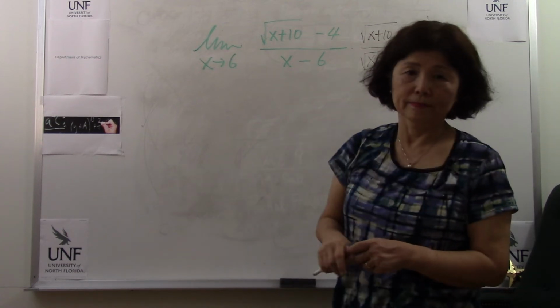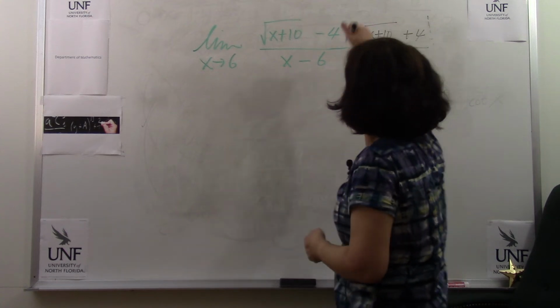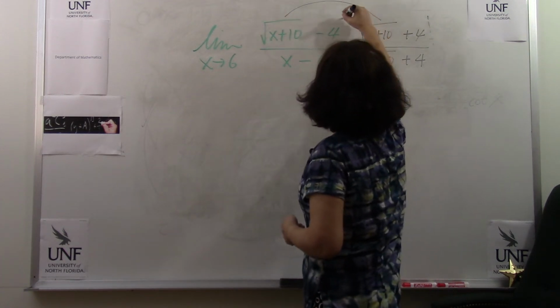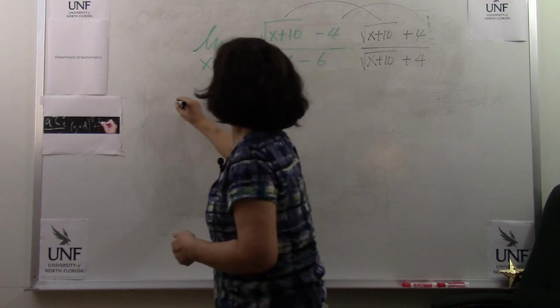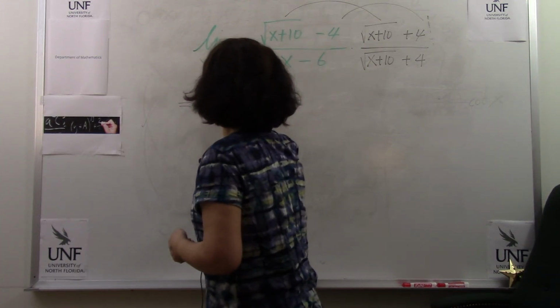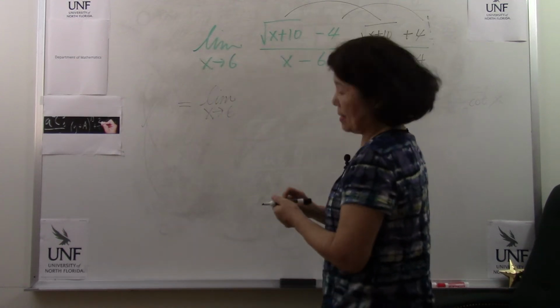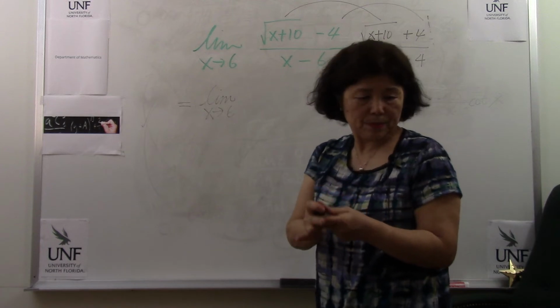What happens over here? As you multiply, as you FOIL this, what you have is the limit as x goes to 6.